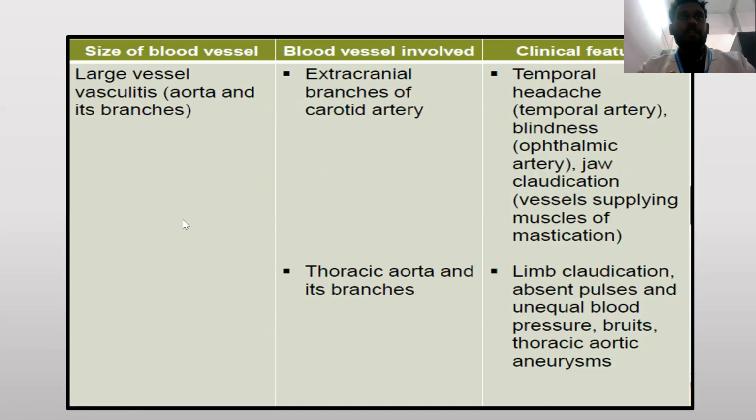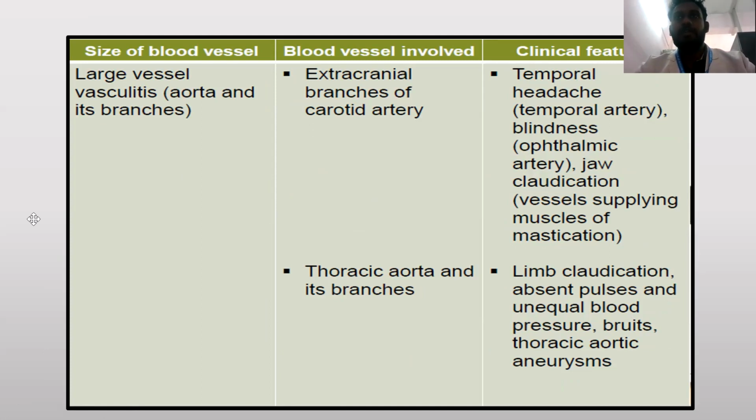Now we can see the various manifestations of large vessel vasculitis. The main thing here is that large vessels are nothing but the aorta and its branches. If it is extracranial branches of the carotid artery, they will present with temporal headache, temporal arteritis or giant cell arteritis, right?